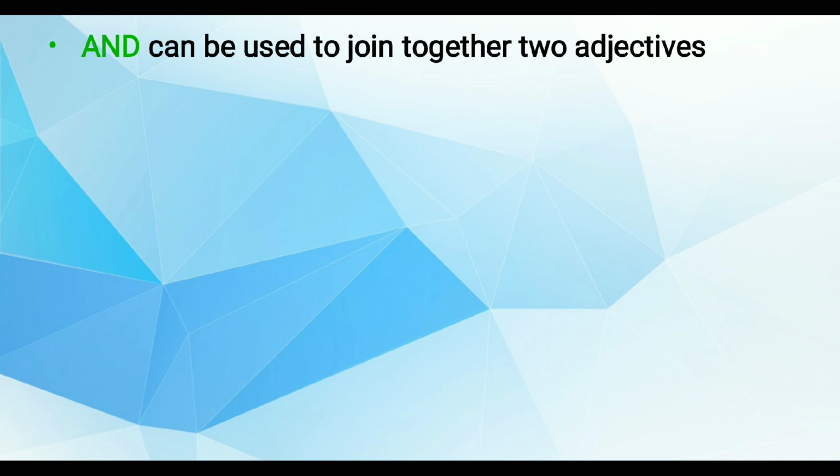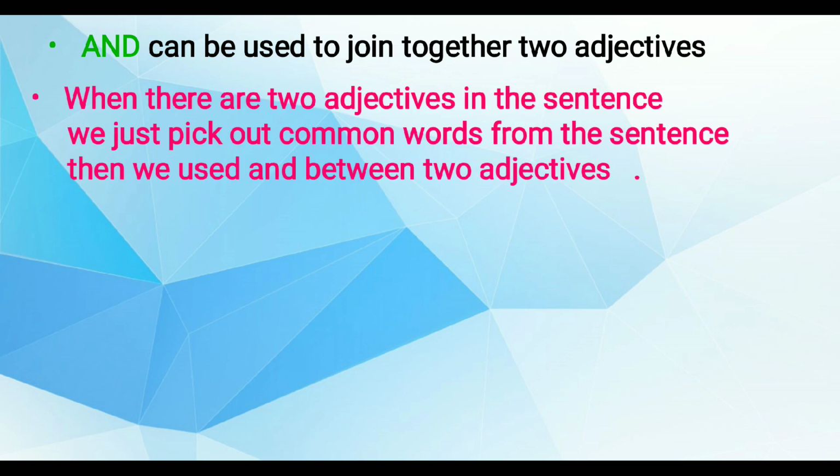These are the possibilities of uses of and. The second possibility is that and can be used to join together two adjectives. Let's see how. When there are two adjectives in the sentences and we want to pick out the common words, we use and between the two adjectives.